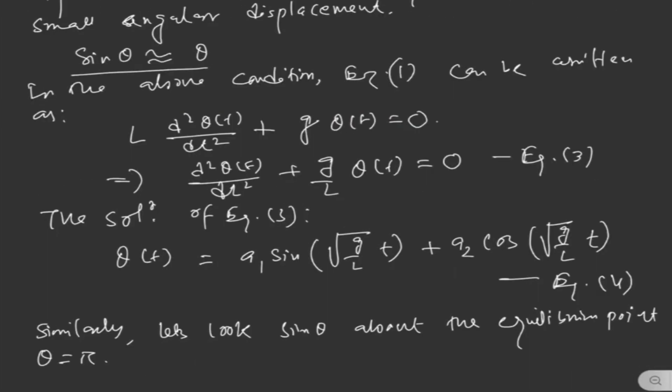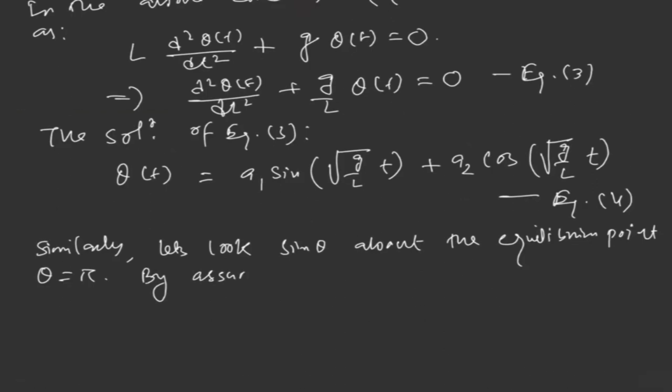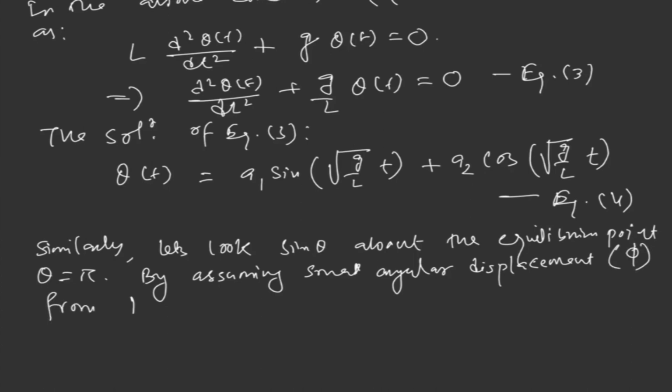So let me write, by assuming a small angular displacement denoted by phi from theta equal to pi, we can write phi equal to pi minus theta.